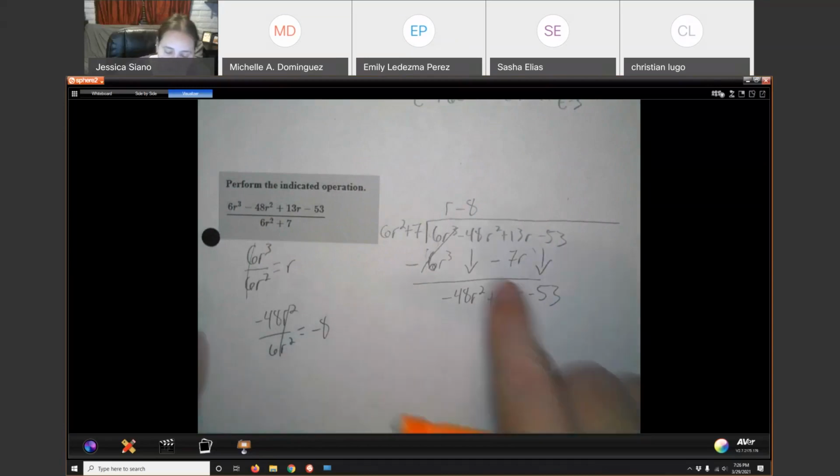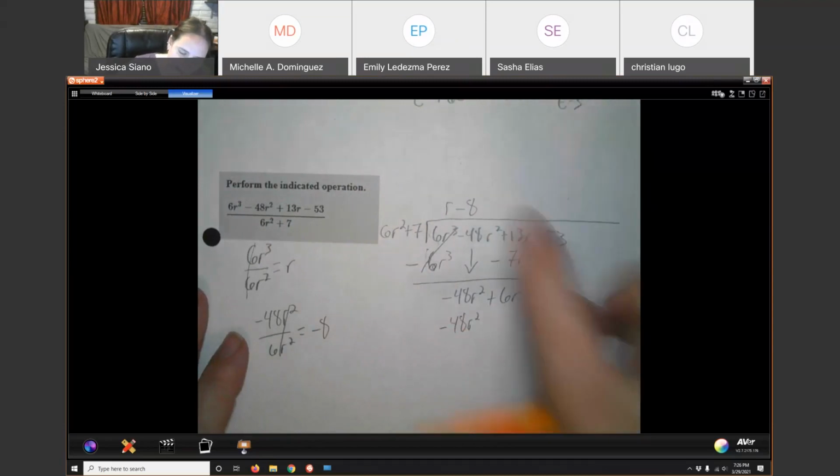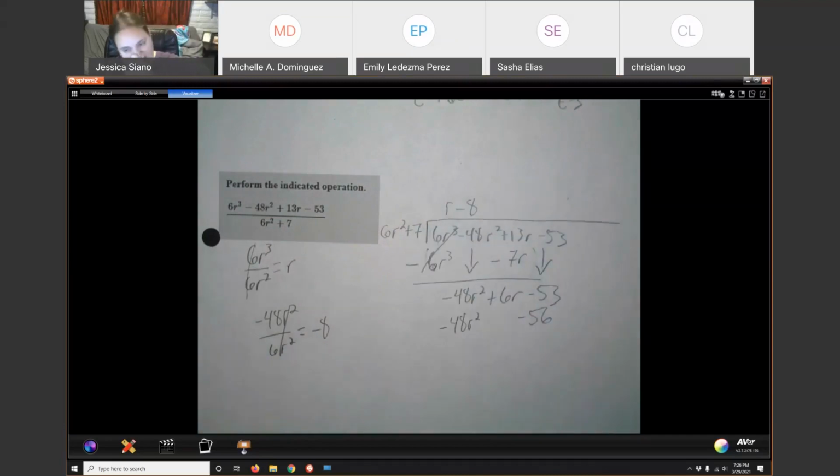And now I multiply. Negative 8 times 6r squared is negative 48r squared, and negative 8 times 7 is a minus 56, which again I'm going to put under the 53 since I'm trying to keep like terms together. And then I subtract.